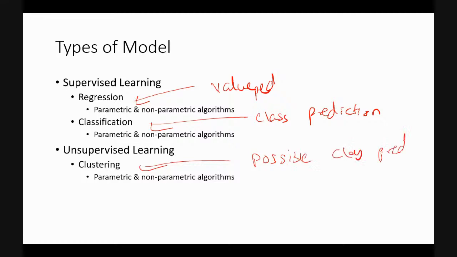There are also other problems, like predicting whether something doesn't match a pattern. That is outlier detection, and fraud detection is nothing but outlier detection. Or there could be another problem, which is to predict a value at a certain time, not now, but at a certain time in the future. That is time series regression.